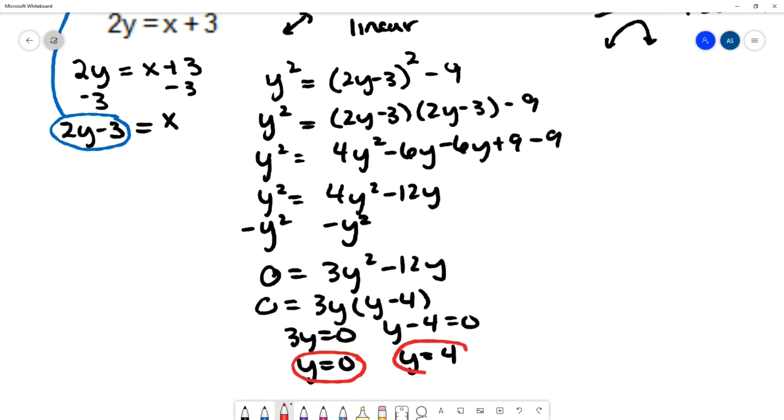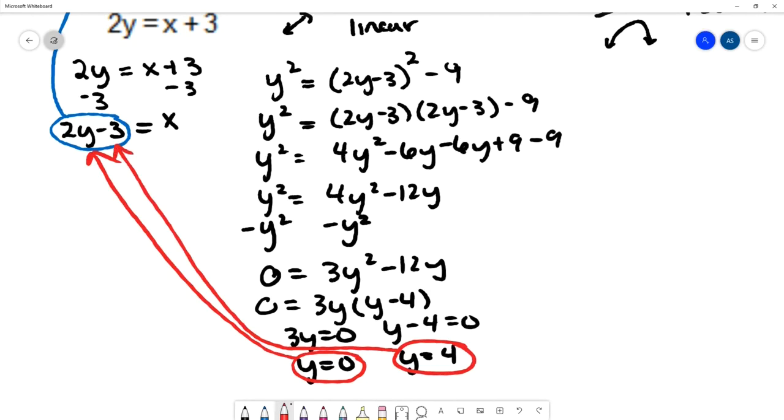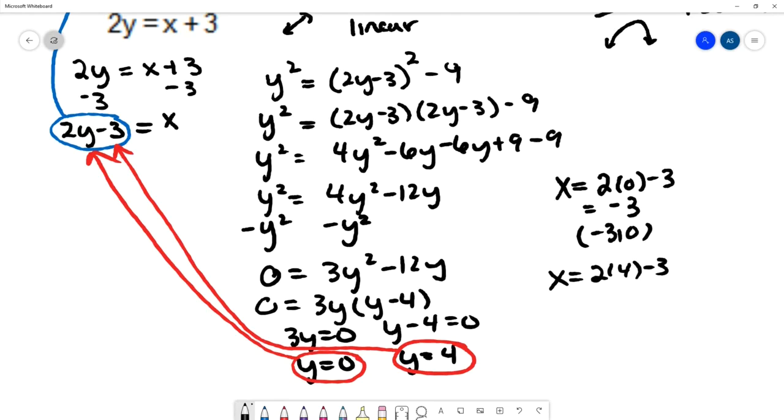We'll substitute those y's back in, and that will give x equal 2 times 0 minus 3, that's negative 3. So one solution is negative 3, 0. And x equals 2 times 4 minus 3, that's 8 minus 3, which is 5. We get 5, 4 for the other solution.